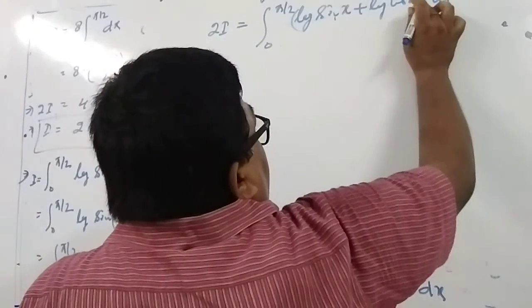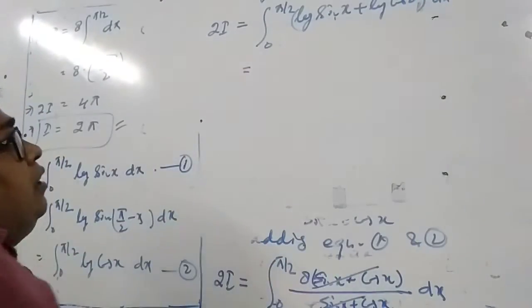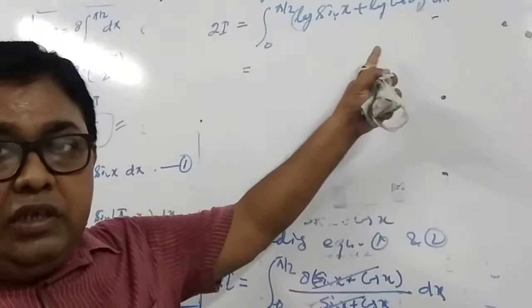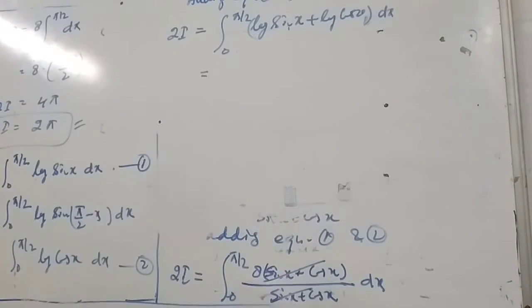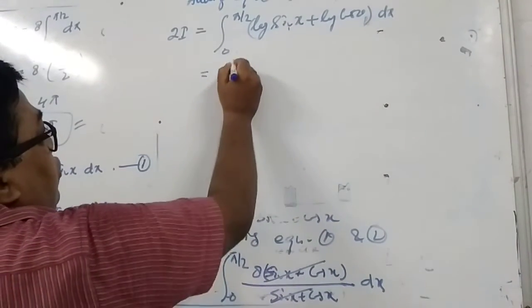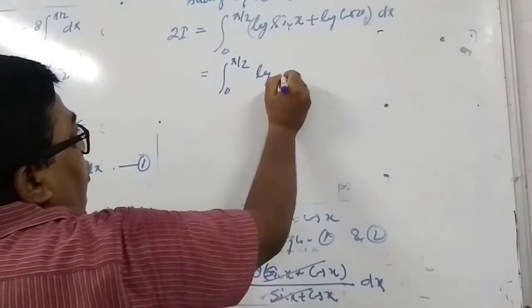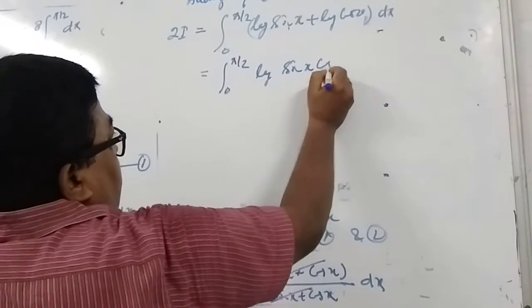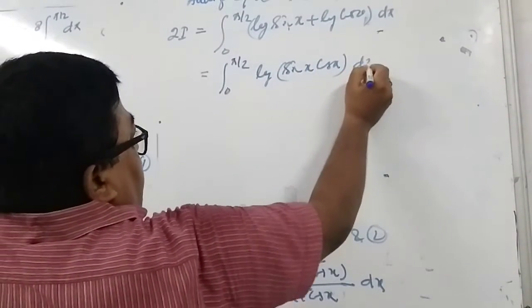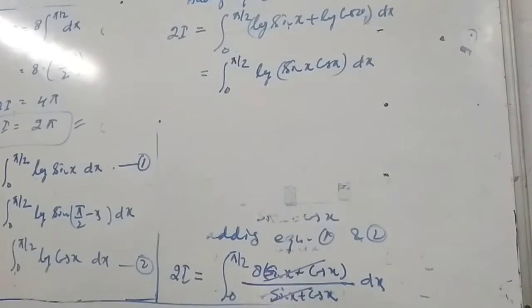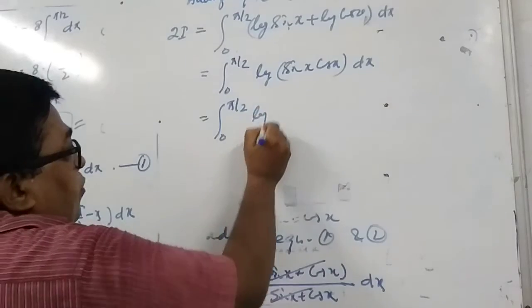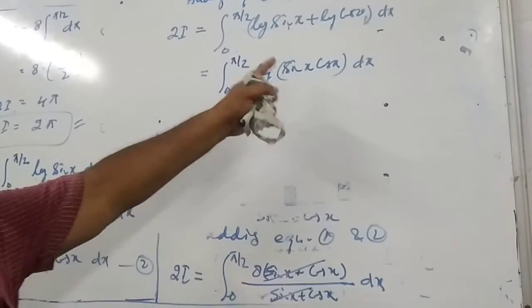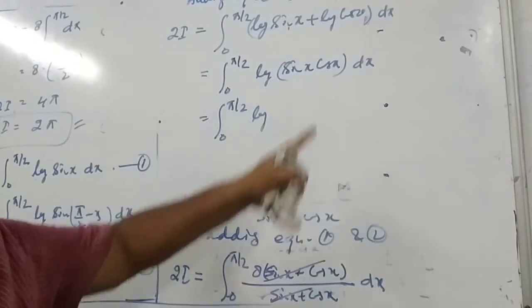Now applying the rule of logarithms here, from 0 to pi by 2, this becomes log(sin x cos x) dx. One more application here: multiply by 2 in both numerator and denominator inside this log.